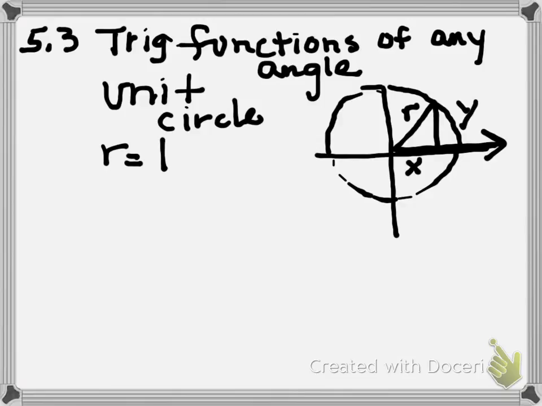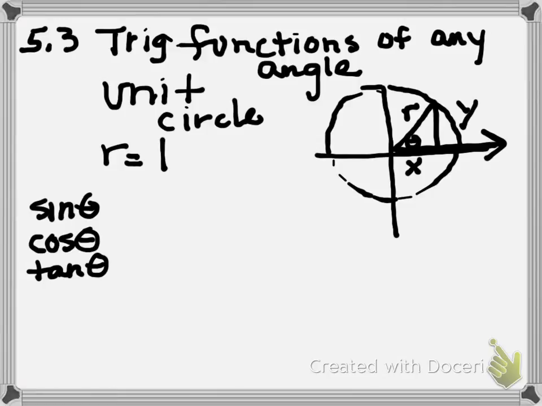So now I would like to redefine each one of these trig functions. And remember, we have to have the trig functions of an angle. They don't stand by themselves without an angle. So I want to take a look at each one of these trig functions again. R is the radius, which is the hypotenuse of this triangle.